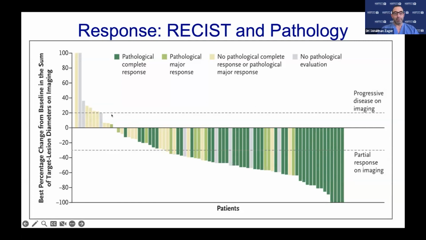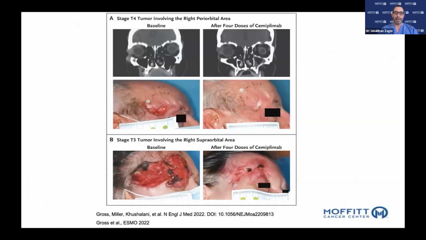So you can see here, versus the patients that had progressive disease, obviously the patients that respond both on imaging and on path review are pretty impressive using this systemic immunotherapy. And here are just a couple of examples of patients published on this clinical trial by members of our group as well. You can see the patient's scan on the top where there's tumor invading the orbit, and that's getting better on the upper right side.